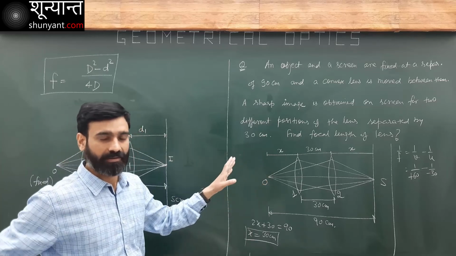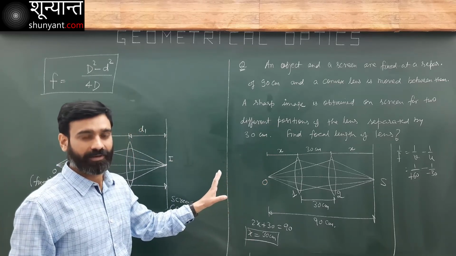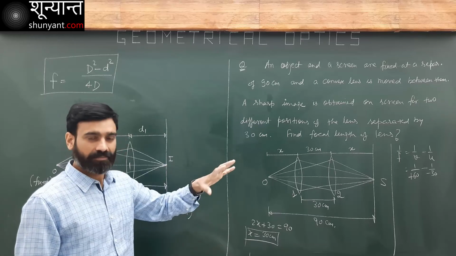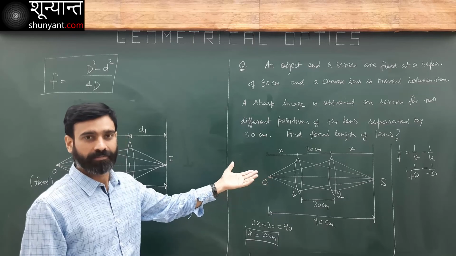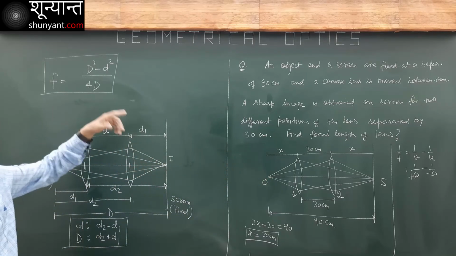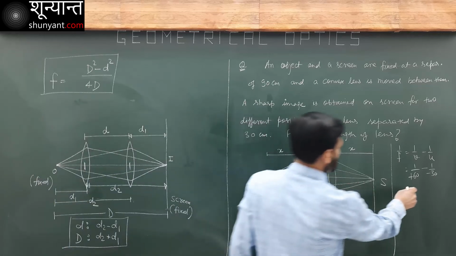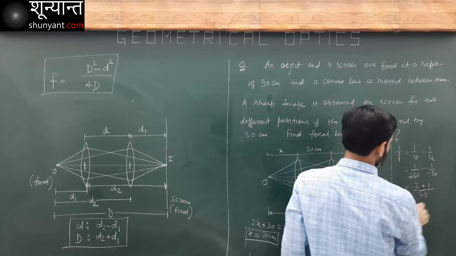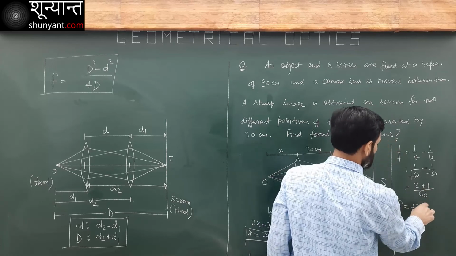Beautiful, simple, direct method, involving many beautiful concepts. But in case it is not working out for some reason, you can apply this. It is going to give me the same answer, 20 centimeter.